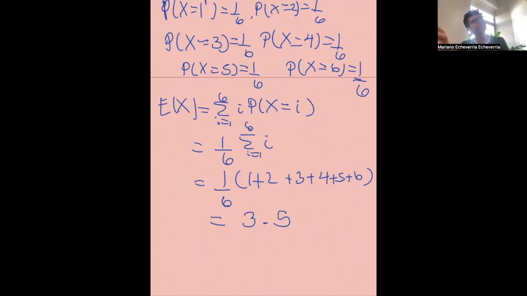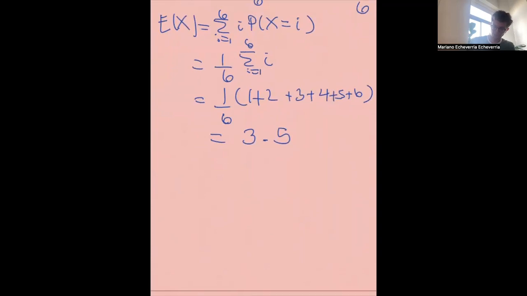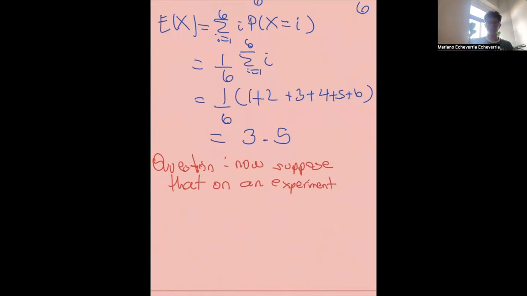But now imagine that you have an experiment where you're throwing a die and you find that the average is actually closer to 4 than to 3.5, right? So here's a question. Suppose that in an experiment, the average of throwing the die is closer to 4.